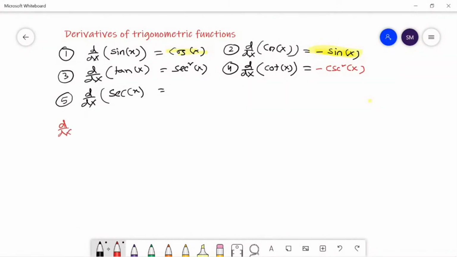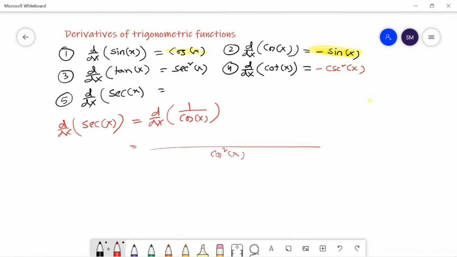Now the fifth rule is the derivative of secant x. Secant can be written as d/dx of 1 over cosine x. Now we apply again the quotient rule, and we will have cosine square x, cosine x, derivative of 1, which will be 0, minus 1 multiplied by the derivative of cosine x.